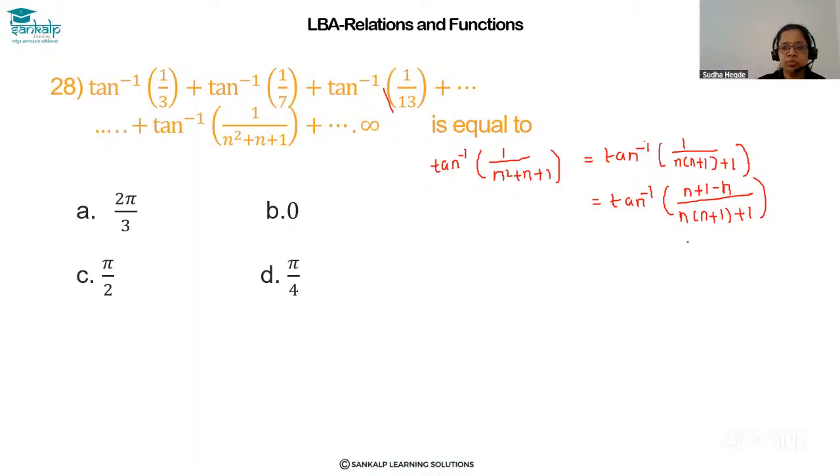Now how can you rewrite this? Can you tell me? This is tan inverse n plus 1 minus tan inverse n.